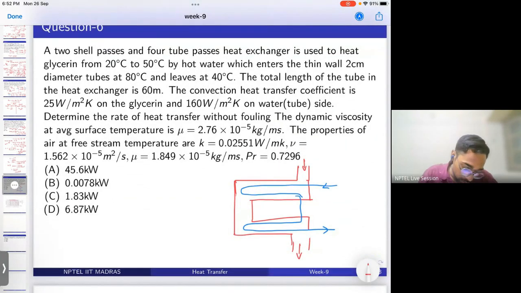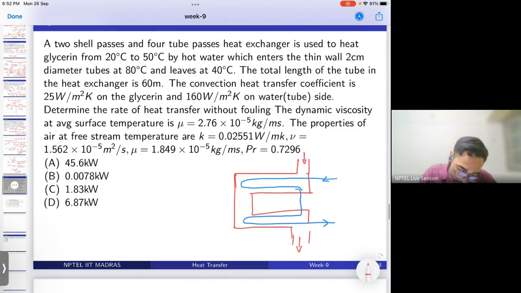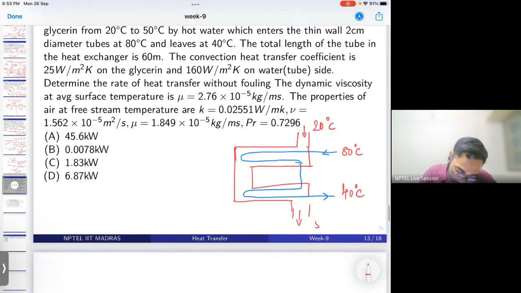Okay. So it is used to heat glycerin, and hot water enters the thin wall tubes at 80 degrees Celsius and leaves at 40 degrees Celsius, and the glycerin is entering at 20 degrees Celsius and leaving at 50 degrees Celsius. Okay.